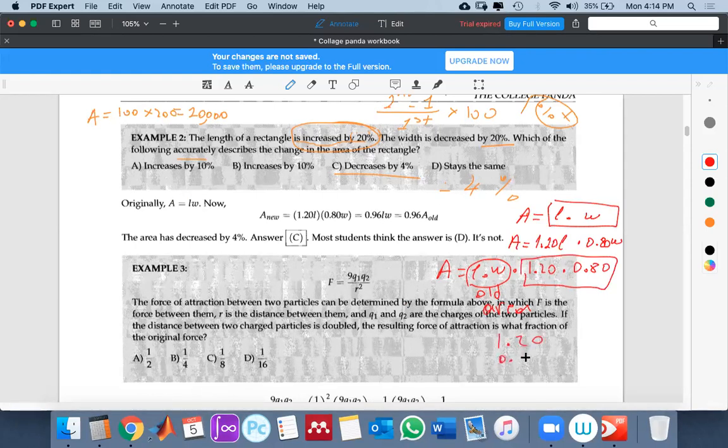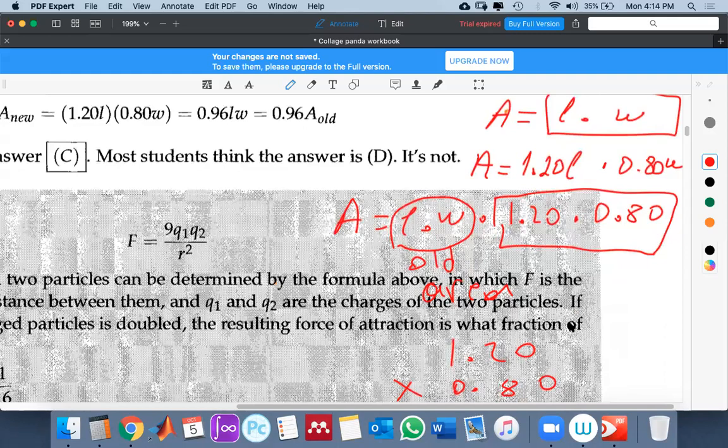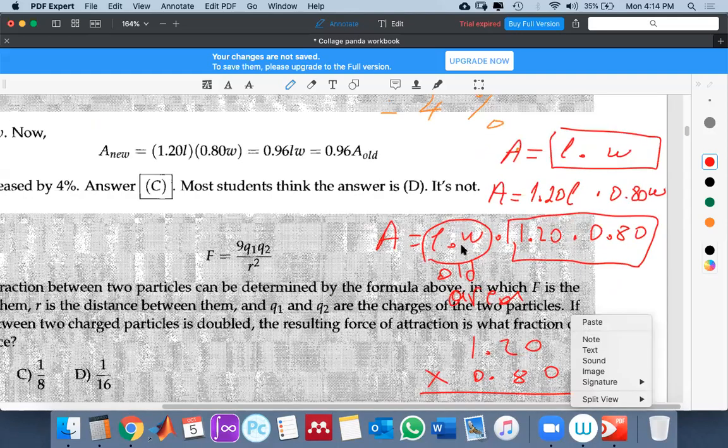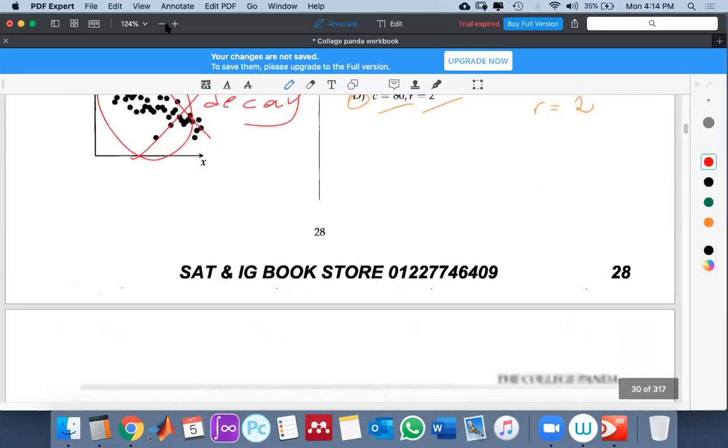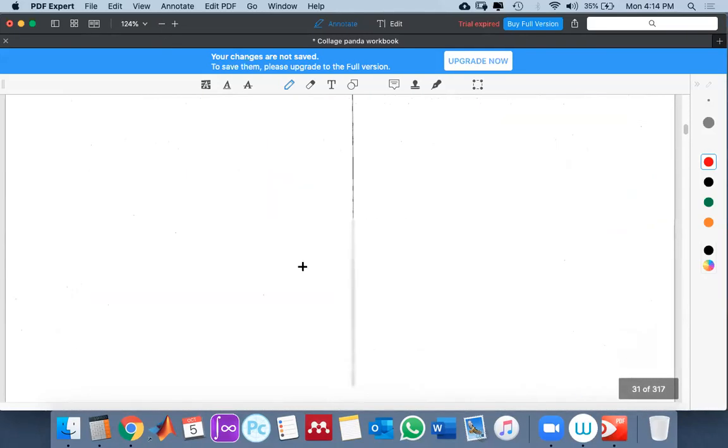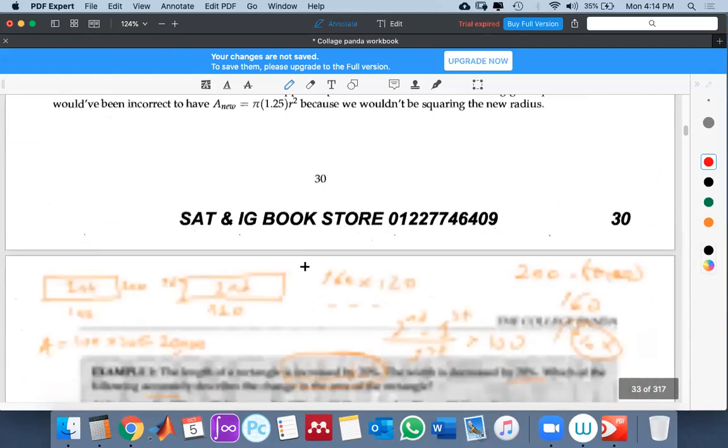So what is the difference? 1.20 multiplied by 0.80. Use the calculator or use the way. How can I solve this? I want to use the calculator. Without a calculator also, we can try. Where is it?